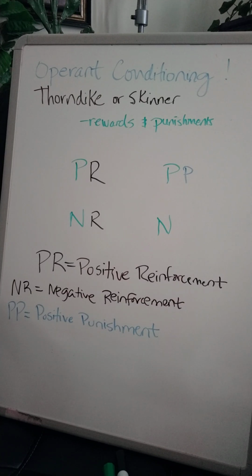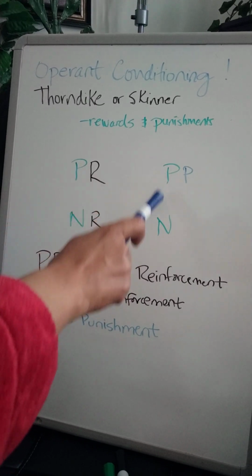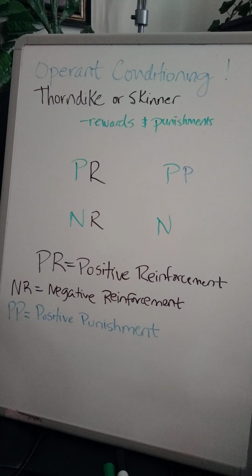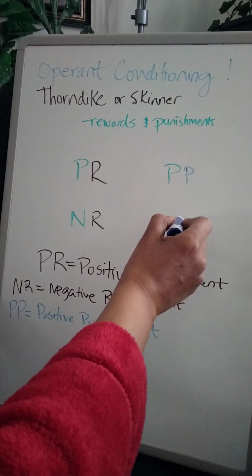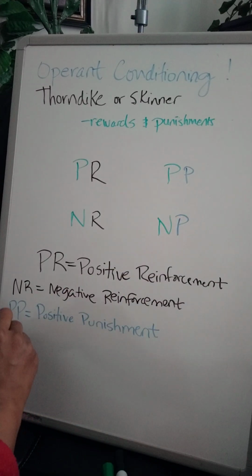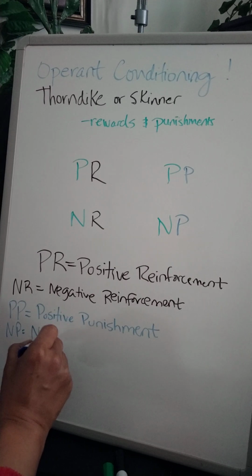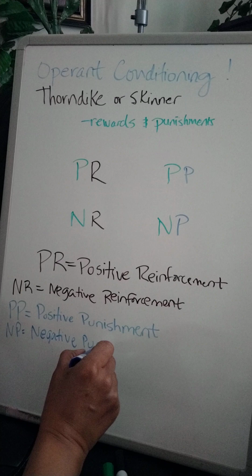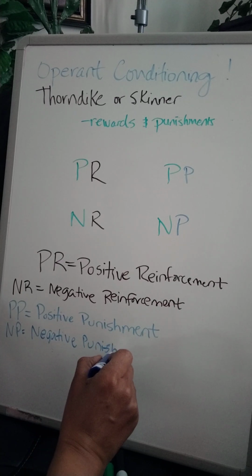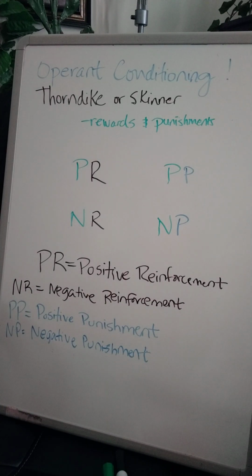And remember, we're working on these two, decreasing a behavior. So next we have negative punishment, NP. What comes to your mind when you think of negative punishment? That might be a little easy for some people. They may say, well, to remove something.